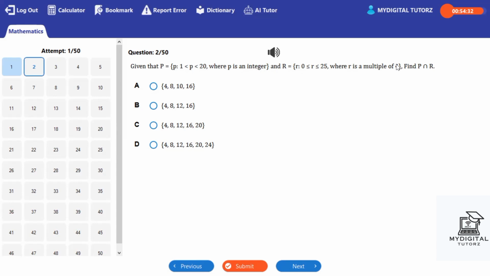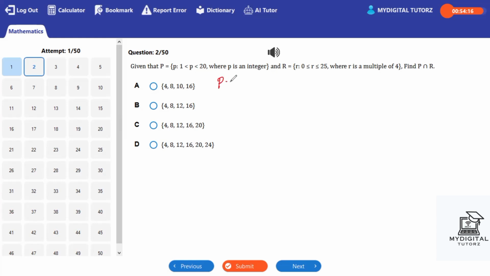Find P intersection R, meaning we are looking for elements that are common to set P and set R. Are we together? So quickly, from here, let us list out what is supposed to be in set P.